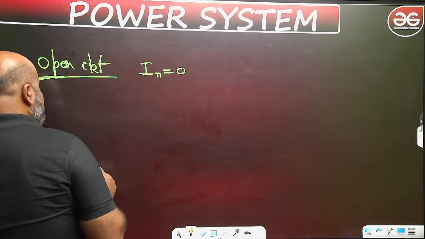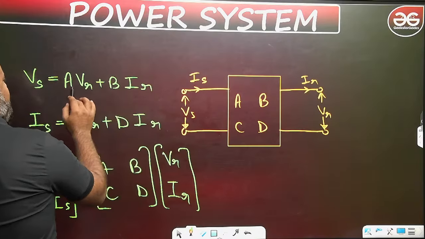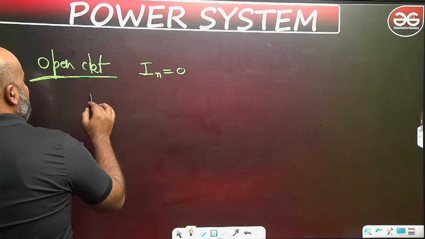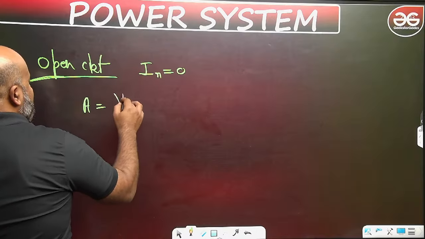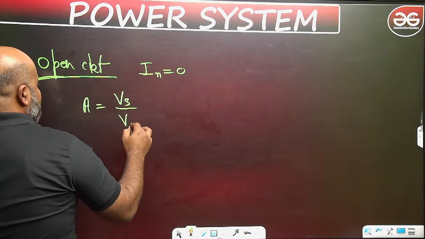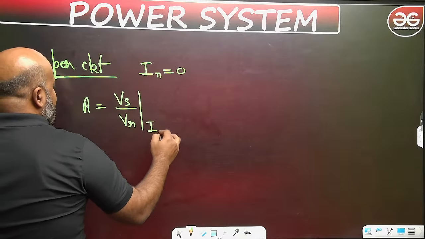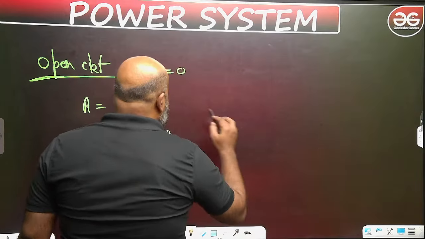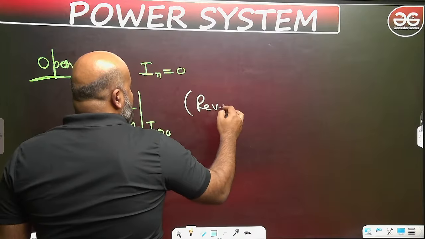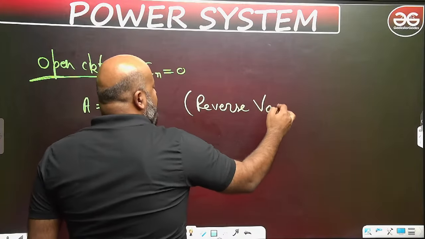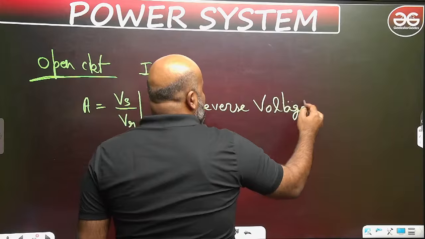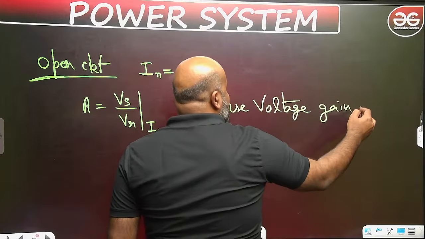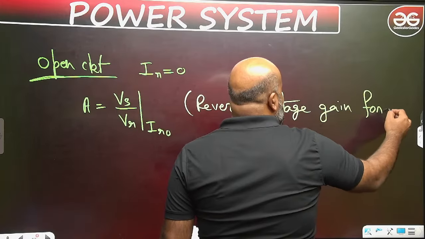If IR is 0, can you tell me what A is going to be? A is Vs upon VR when IR is 0. This is called the reverse voltage gain for open circuit.